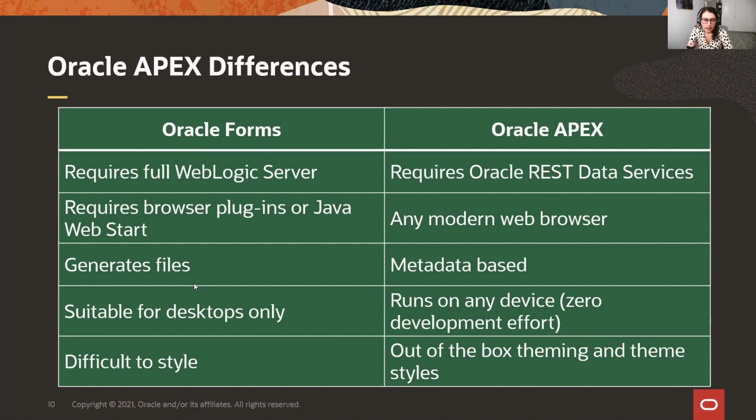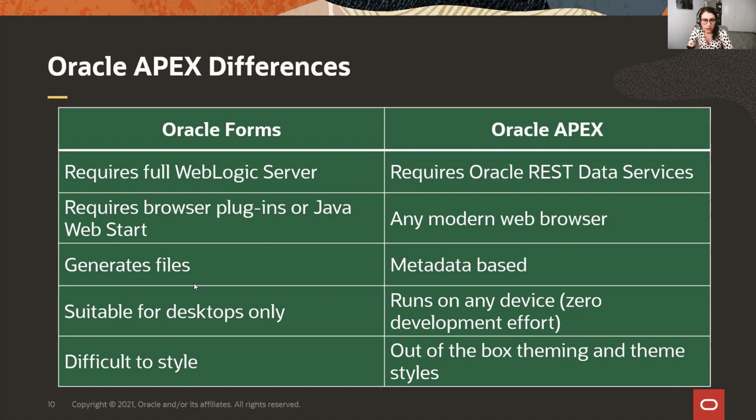Another difference is that, as you might know, it's difficult to run your Forms application on a smartphone or a tablet. Forms is suitable for desktops. So if you need to run your Forms application on a mobile device, you are going to face a lot of issues, while Apex is fully responsive out of the box.